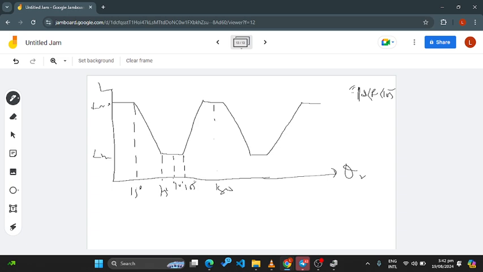So if the current is constant until 165, it means it's going to reach its maximum inductance at 165. Is that okay?